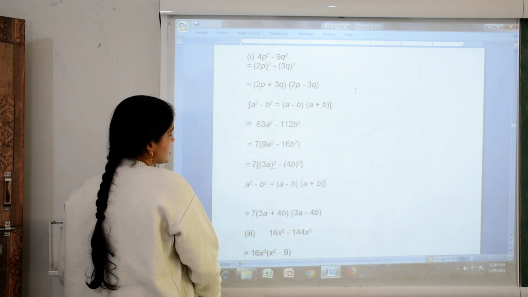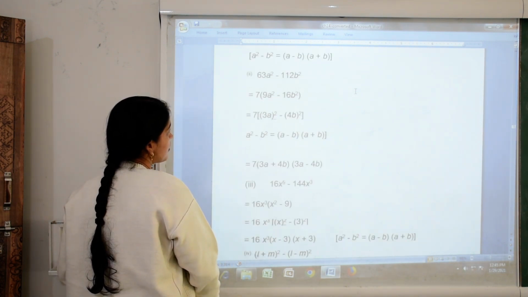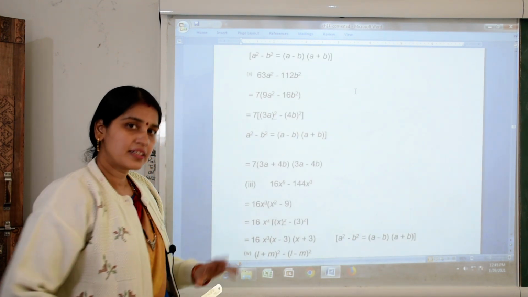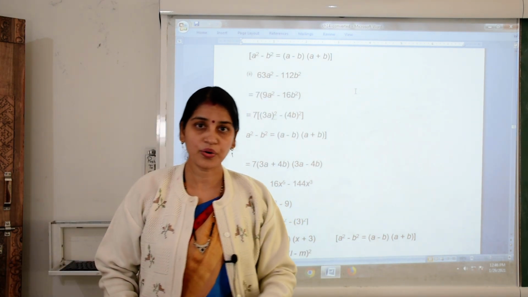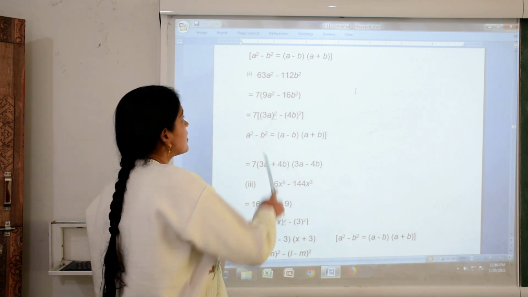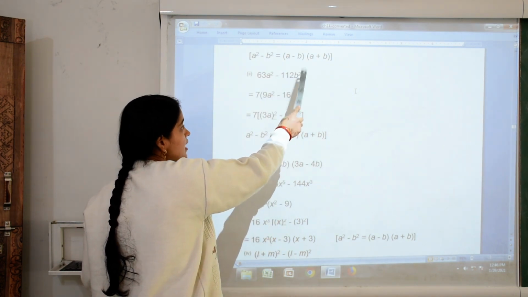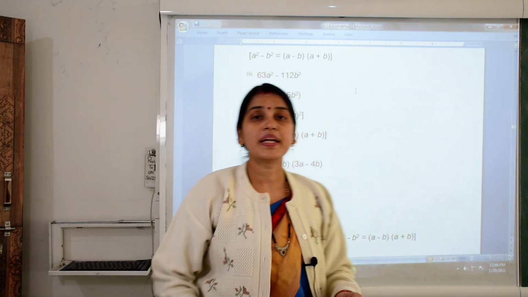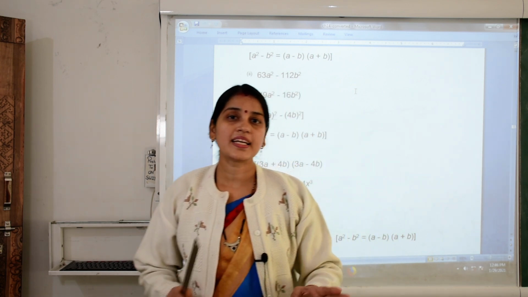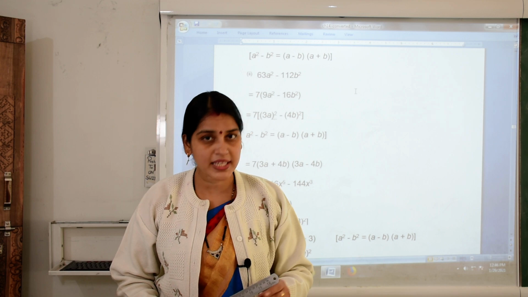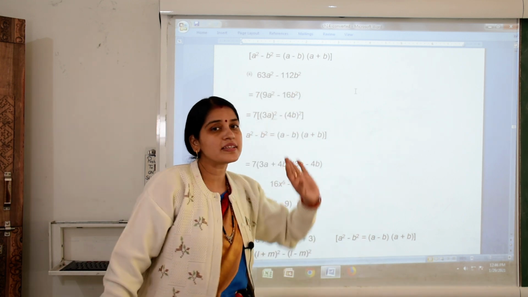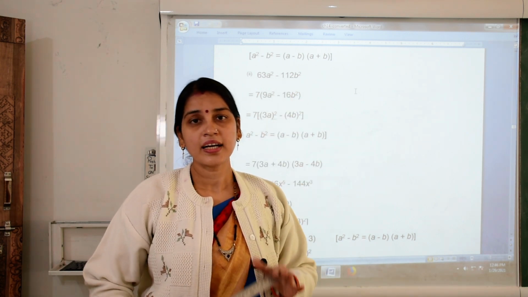Now let's see its second one. Its second one, again you have given in the form of square: 63a square minus 112b square. But here we know we cannot get the square root of 63 and we cannot get the square root of 112.